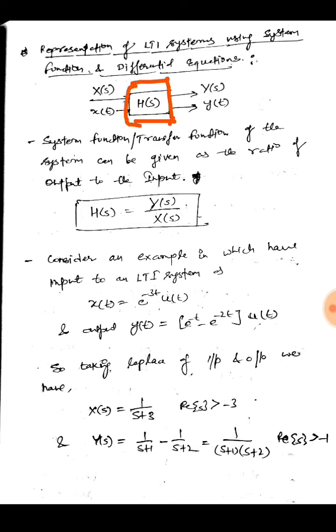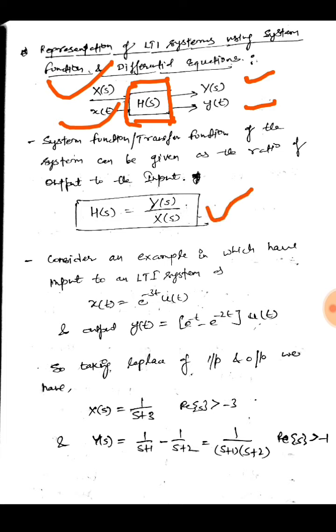So Hs is the transfer function, Xs is the input in frequency domain, and Xt is the input in time domain, whereas Ys is the output of the system and Yt is the output in time domain. So system function or transfer function of the system can be given as the ratio of the output to the input, that you all know.